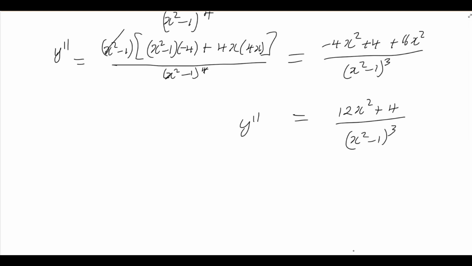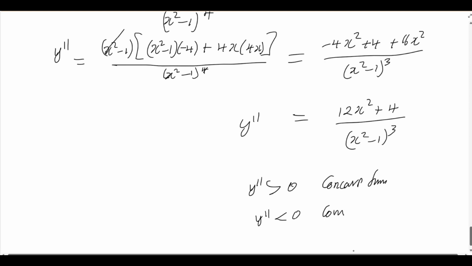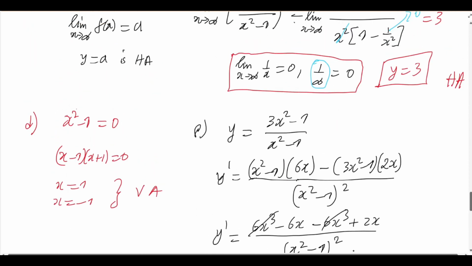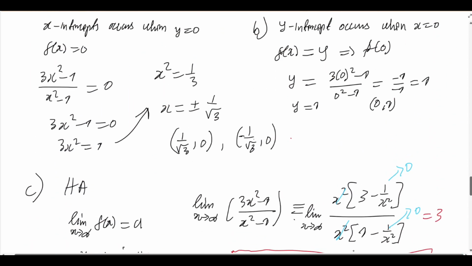In the domain, I should specify, in the domain, this function is always going to be positive. And we know that if our second derivative is greater than 0, this is concave, and if the second derivative is less than 0, this is convex. So that's the general information that I can draw, at least for now, based on my knowledge for this function.